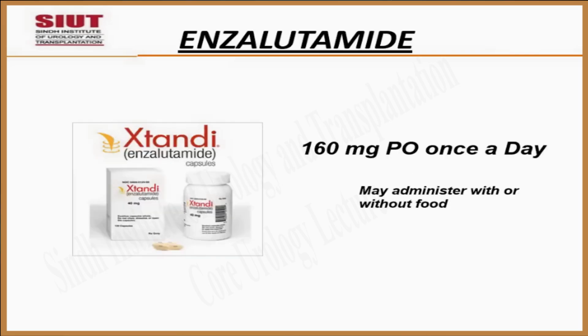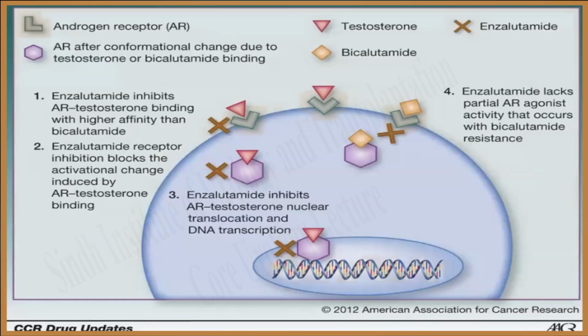If we talk about the dose of enzalutamide, 160 mg orally once a day may be administered with or without food. If we talk about the mechanism of action of enzalutamide, it acts on three places. Enzalutamide inhibits AR testosterone binding with higher affinity than bicalutamide. Enzalutamide inhibits the activation change induced by androgen receptor testosterone binding, and enzalutamide inhibits androgen receptor testosterone nuclear translocation and DNA transcription.